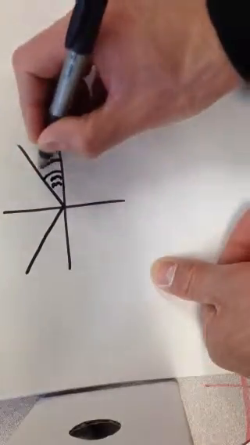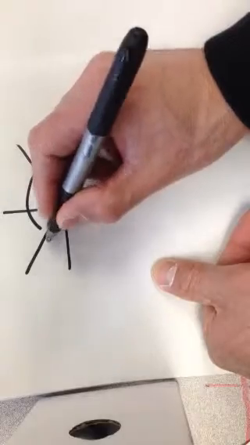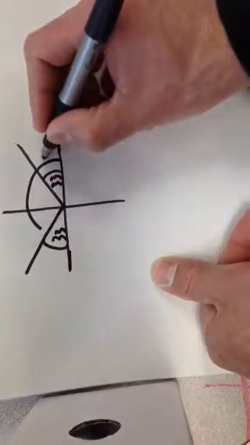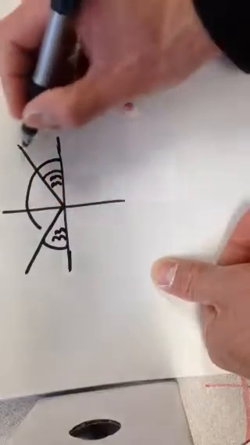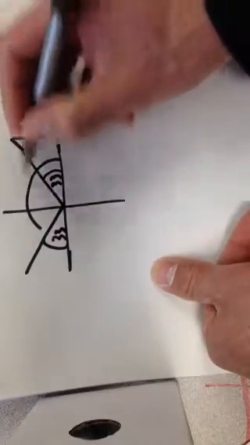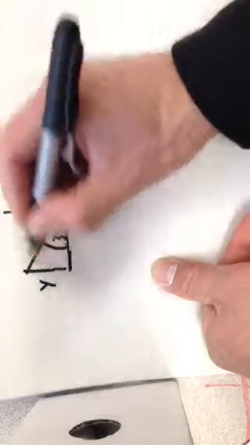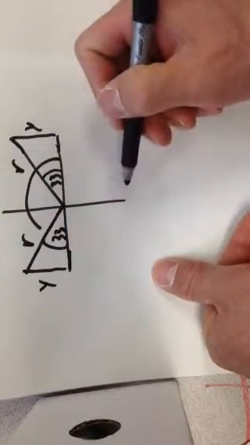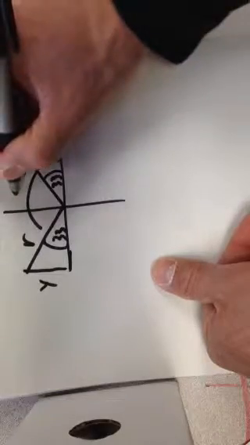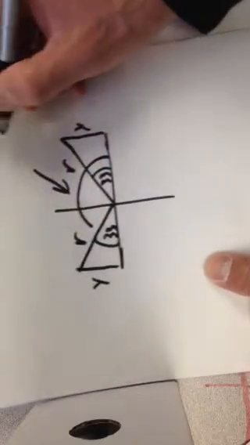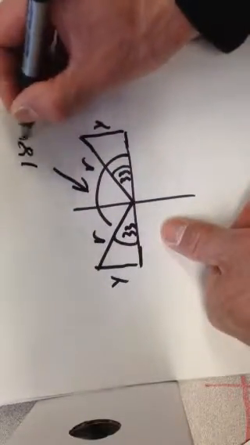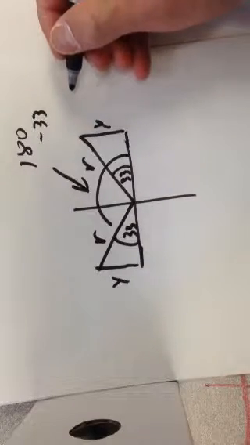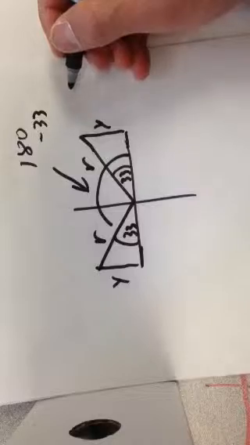And if I draw a line this way, where that's also 33 degrees, this angle is going to have the same sine as this angle, because they both have the same y value and the same r value. And sine is y over r. So that makes this angle here 180 minus 33, or 147.